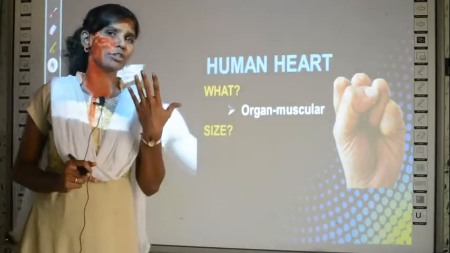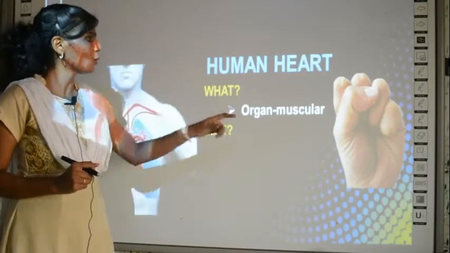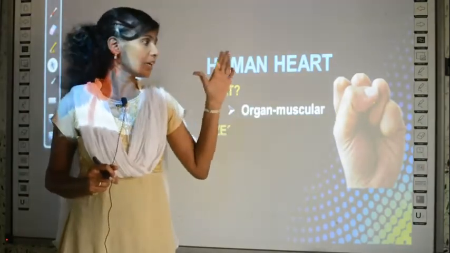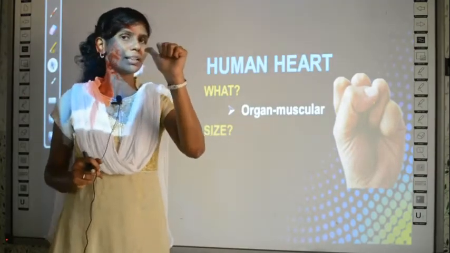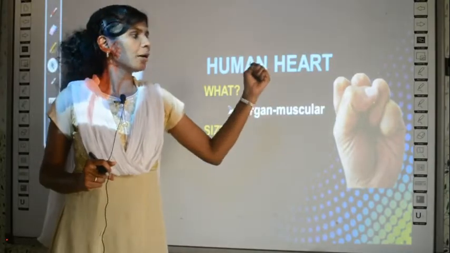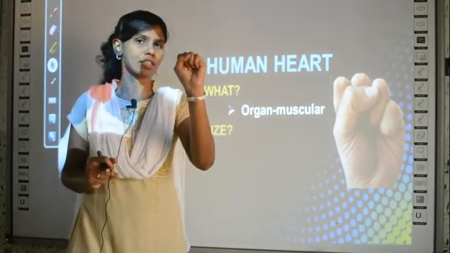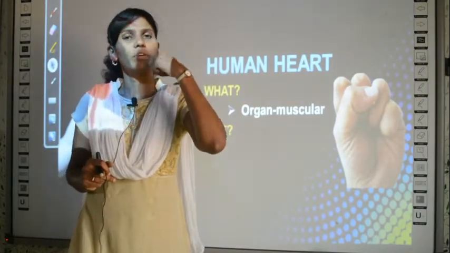What is the size of your heart? You can measure the size of your heart. How? See, I have given an image. What this man has done is fold the four fingers, and with your thumb, press the other four fingers like this. This is called a fist.